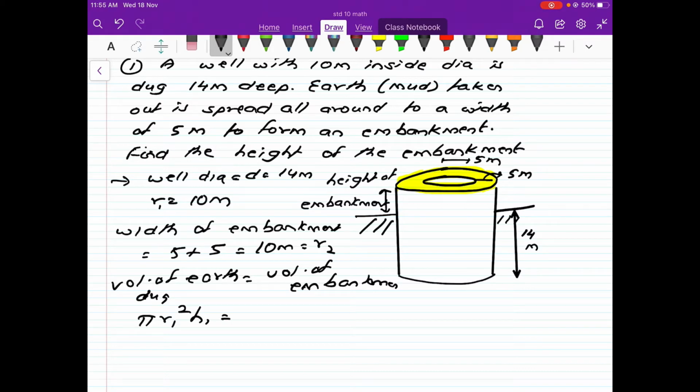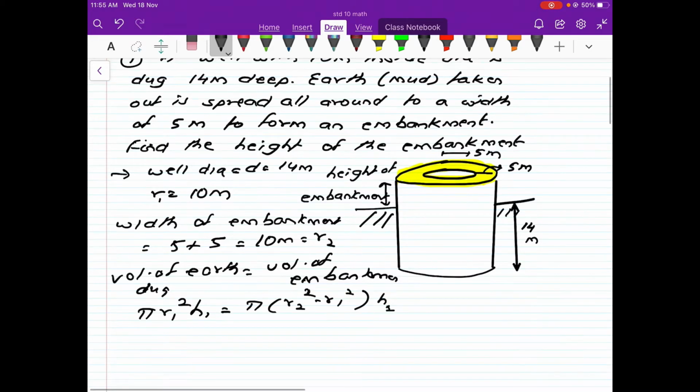So it will be pi into the area of the circular ring, which will be r2 square minus r1 square, into h. This will be h2.